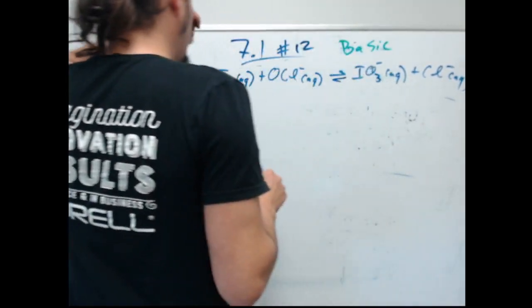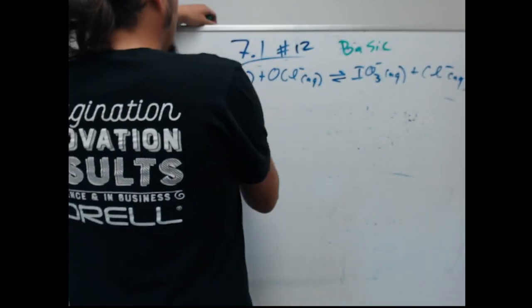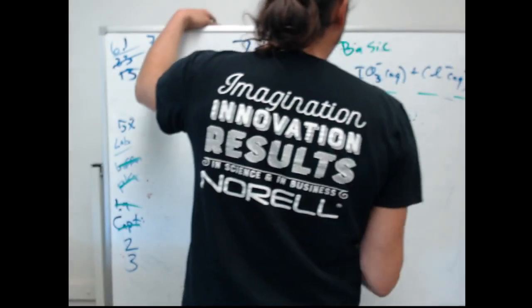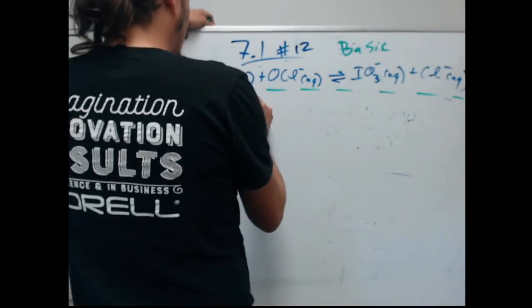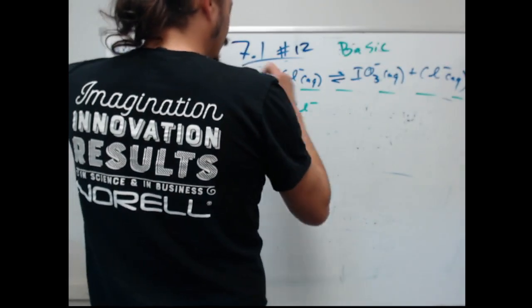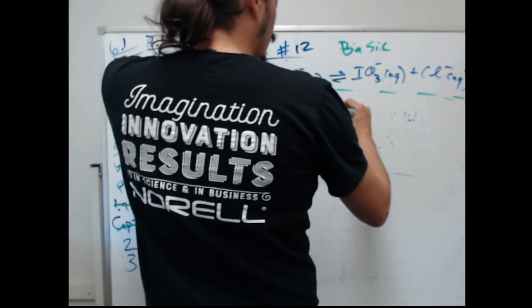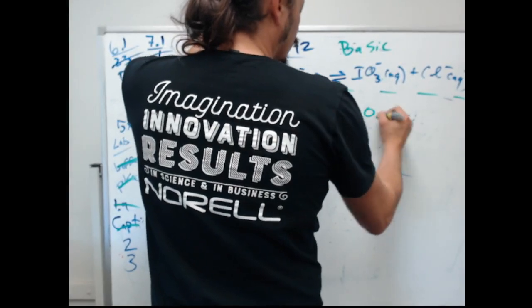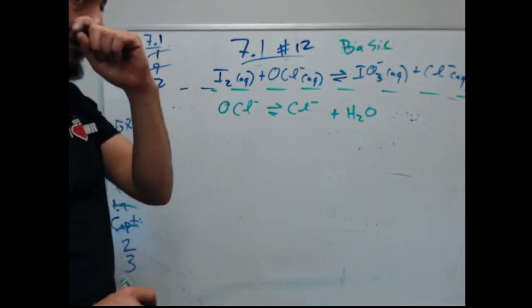I'm going to do the OCl one first, just for fun. So we're going to have OCl minus going to Cl minus, and it starts the same way, where I add H2O to balance out my oxygens.